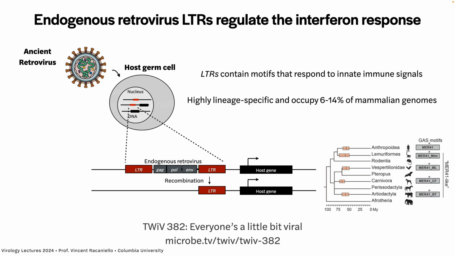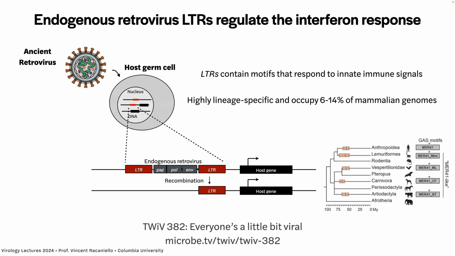Here's an endogenous retroviral provirus. It's got two LTRs, right? It drives production of retroviruses. But cells have taken those LTRs and used them for other things. So here is one LTR that's been translocated somewhere else in the genome by recombination, and it can drive the expression of a host gene.